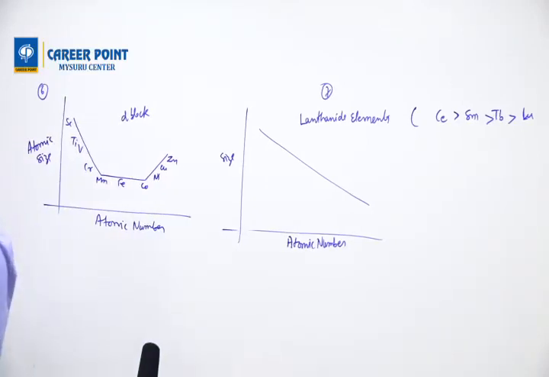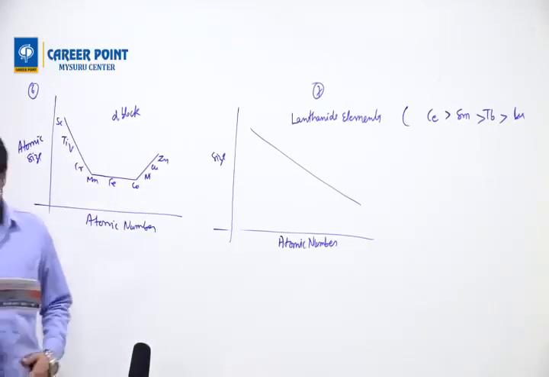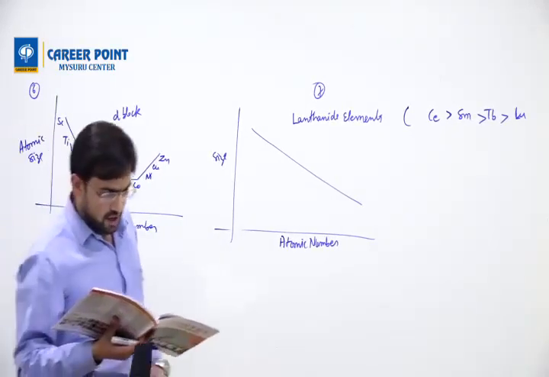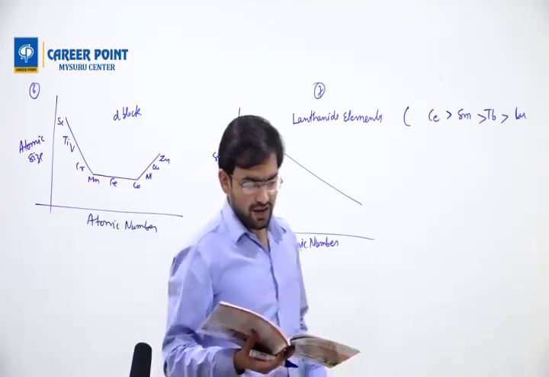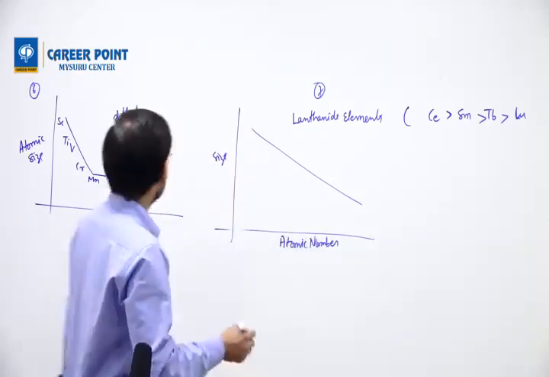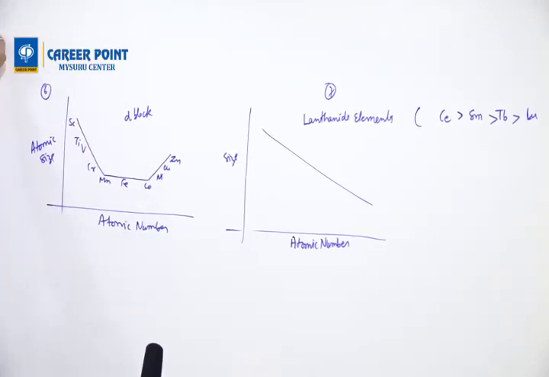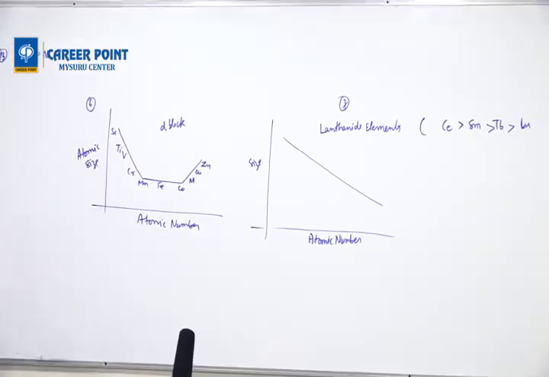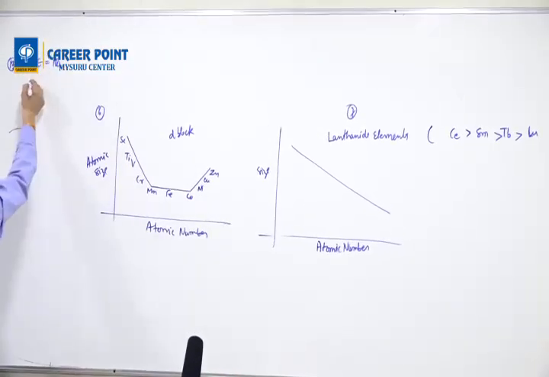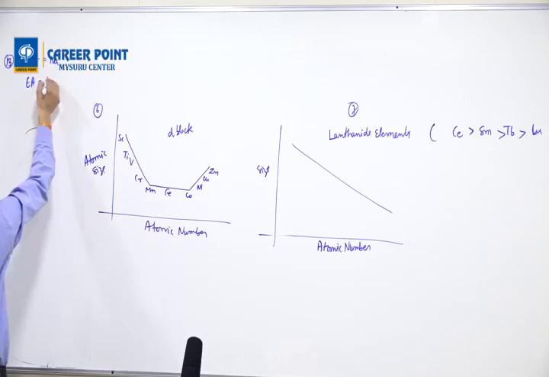After 7, question number 13. The ionization potential of Na would be numerically the same as. The IE of Na is the same as the EA of Na plus.